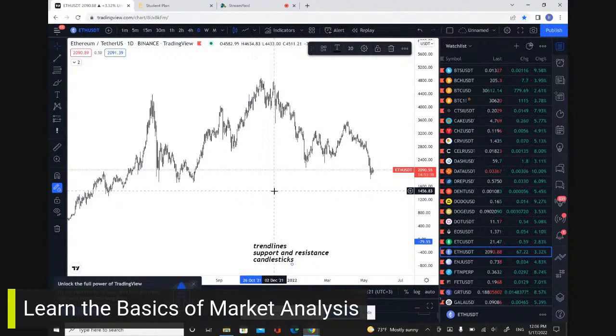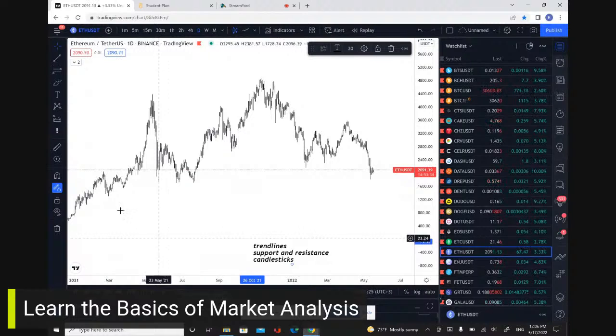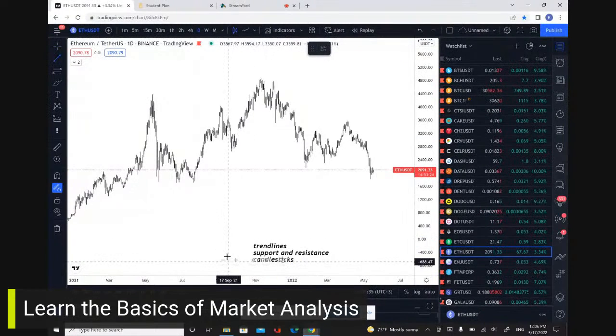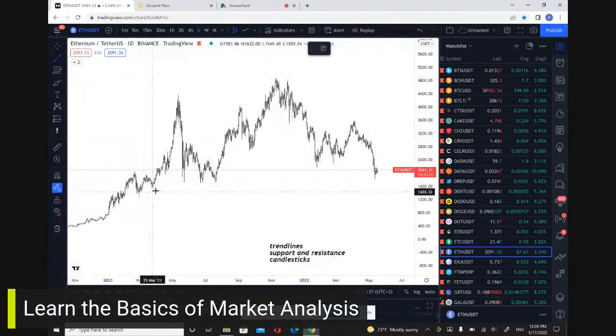So what is a trend line? Basically, from its name, it's a trend. So you have to see something that has a certain trend, and then in order to better visualize it, you can draw the trend line using this option right here.